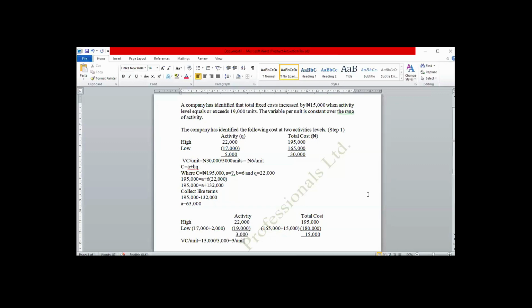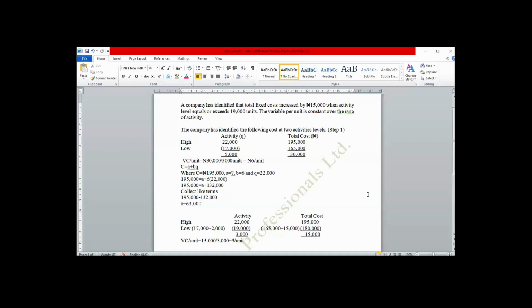When there is no increment, normally our variable cost is supposed to be 6 naira. And we were told that the variable cost did not change. Is it clear?